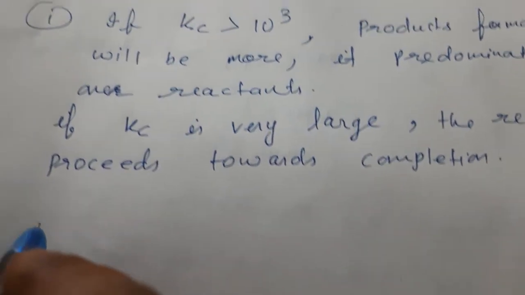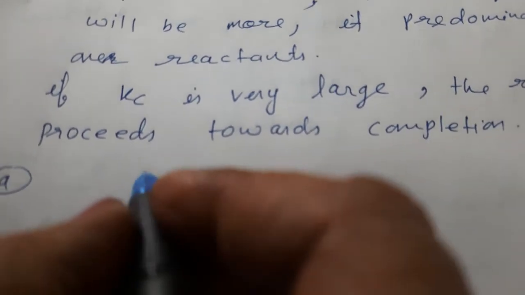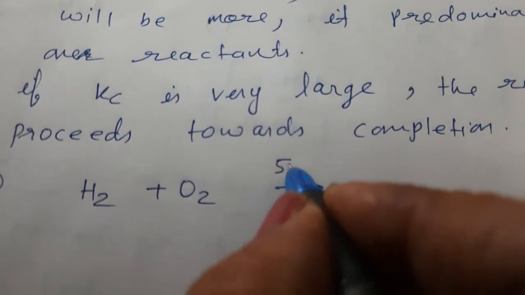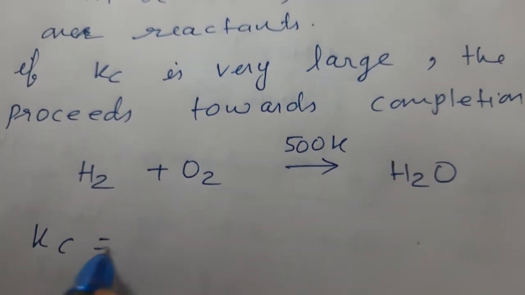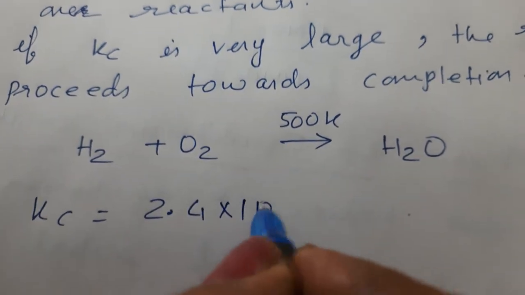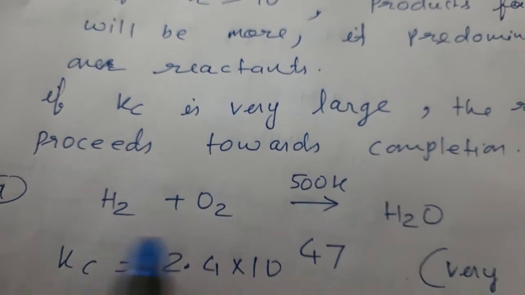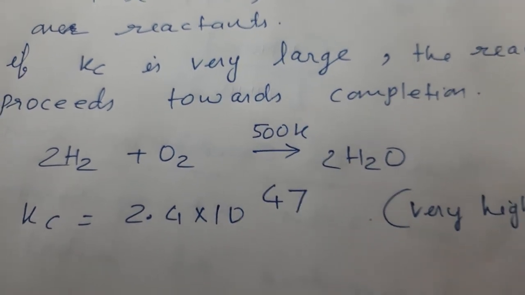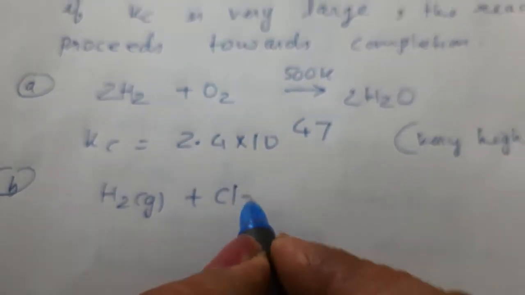Right? One or two examples are given in the book. That is the reaction of H2 and O2 at 500 Kelvin. H2 plus O2 at 500 Kelvin will give us H2O, and here Kc is equal to 2.4 into 10 raised to power 47. That means a very high value. Then the second example is H2 plus Cl2.